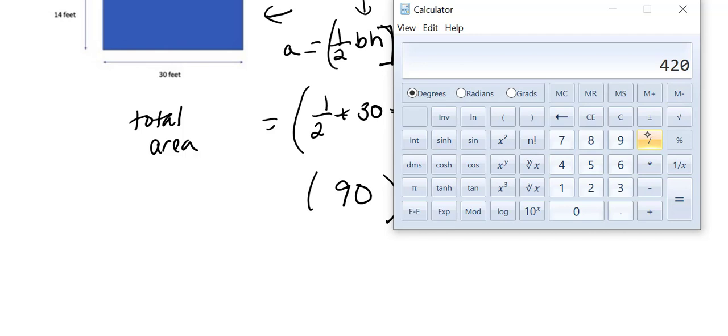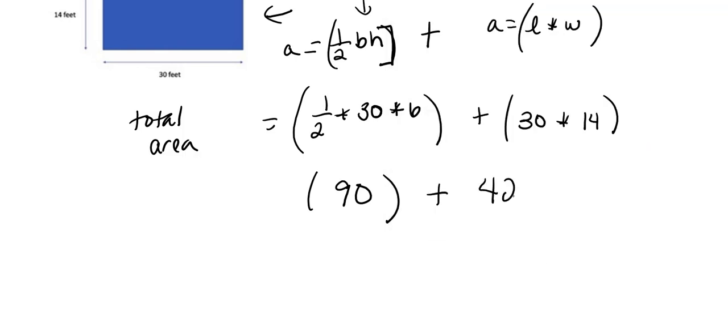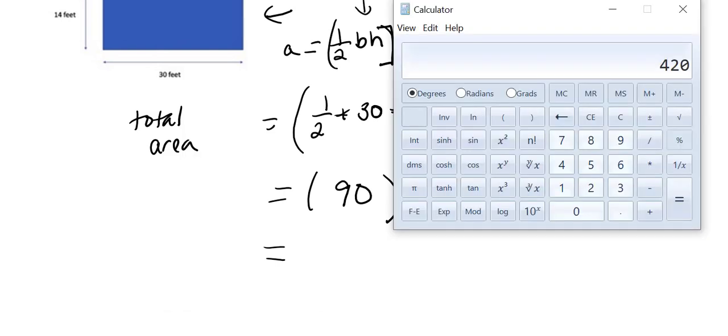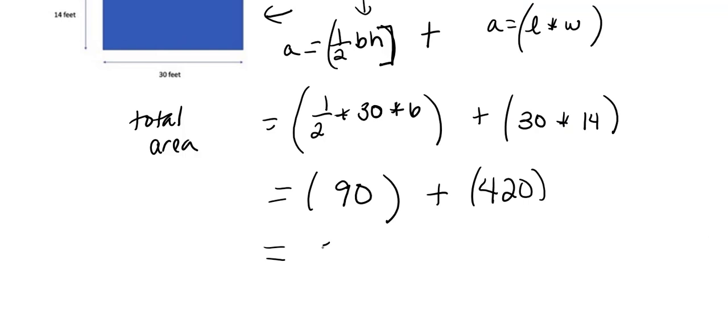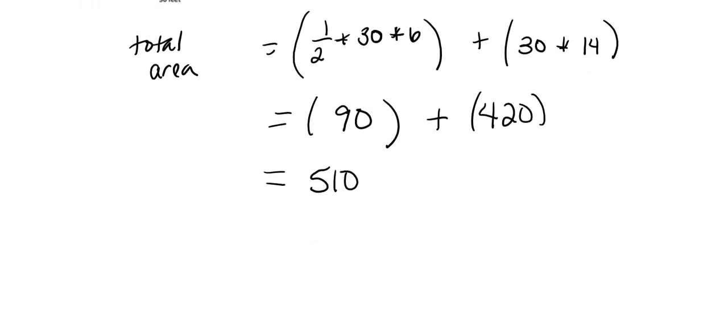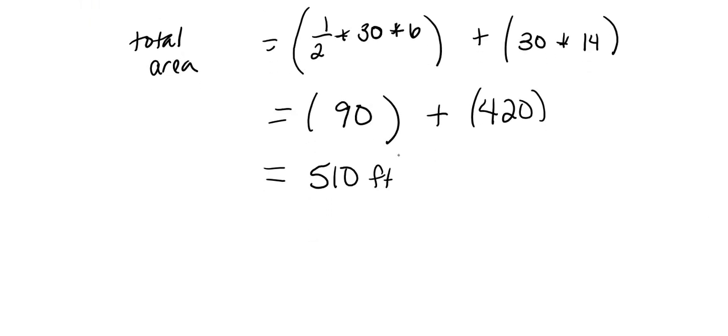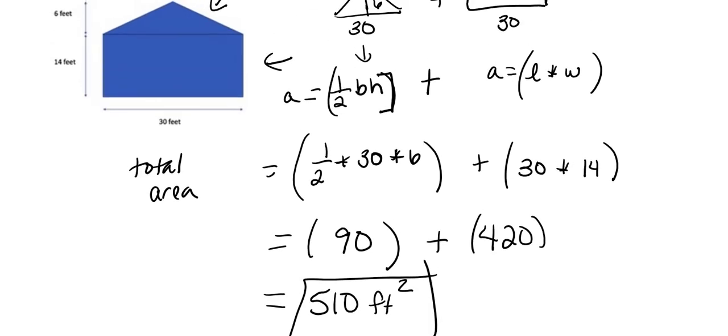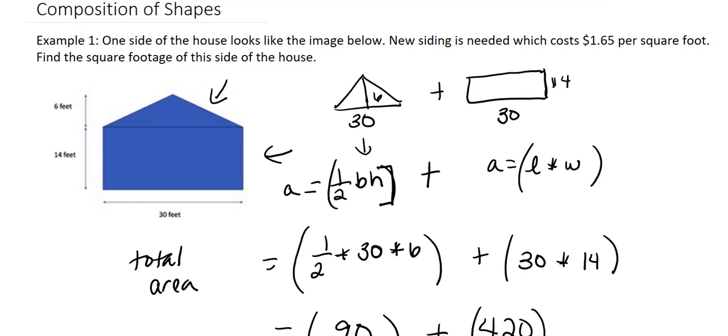Well, that's 420. And then we add those together. So plus 90 to that, we get 510, and that would be per square feet. So that would be the total area for the siding on the one side of the house.